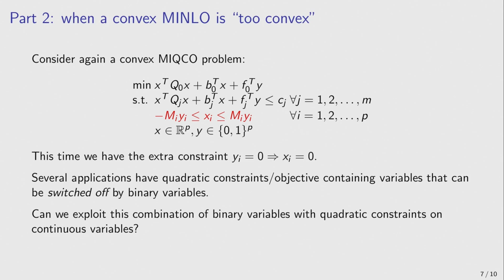Okay, so problems with big M constraints are usually nasty, even without quadratic constraints. When a quadratic constraint comes in, it's even trickier because now you would like to use the fact that the x variables are switched off by their corresponding y variables.